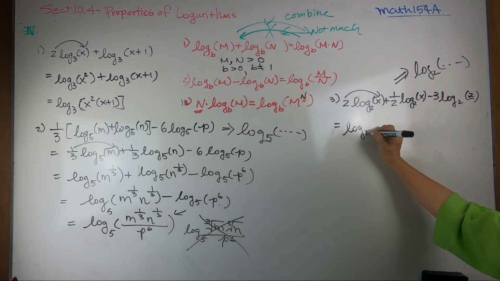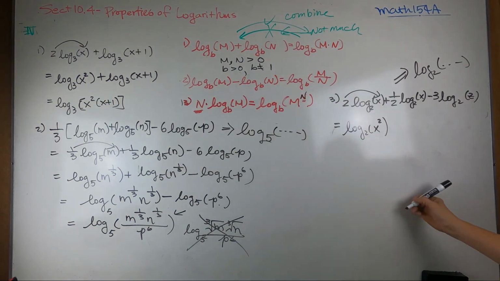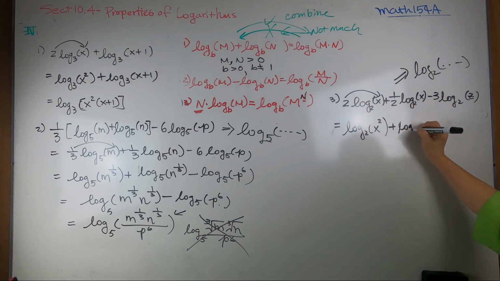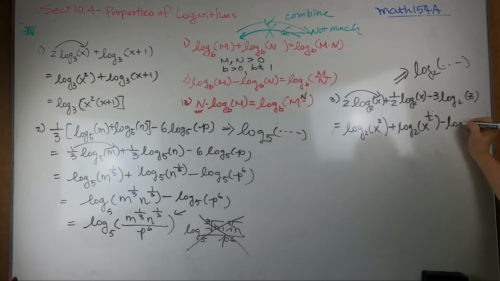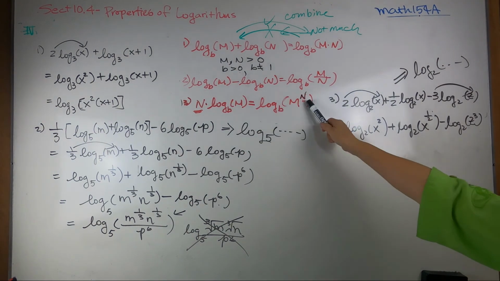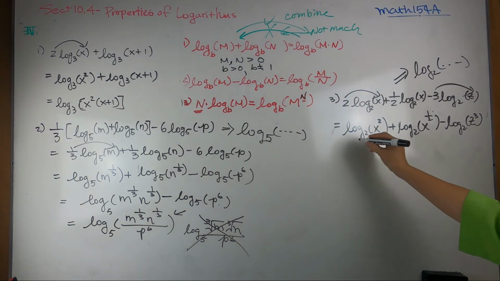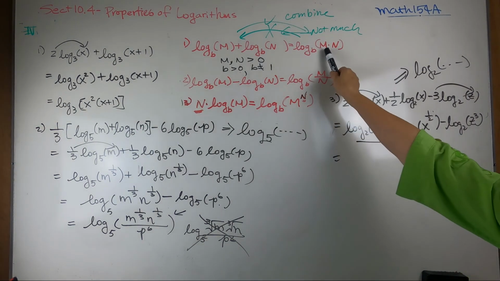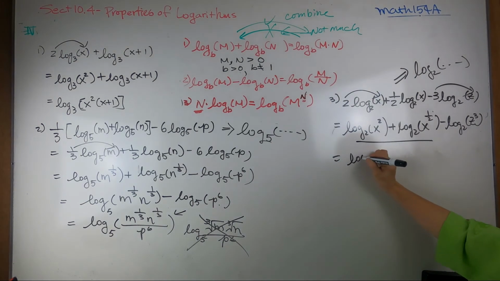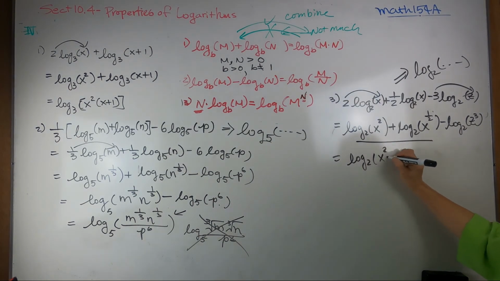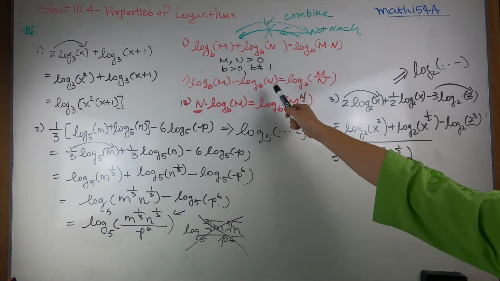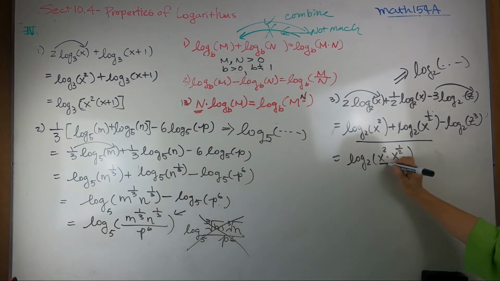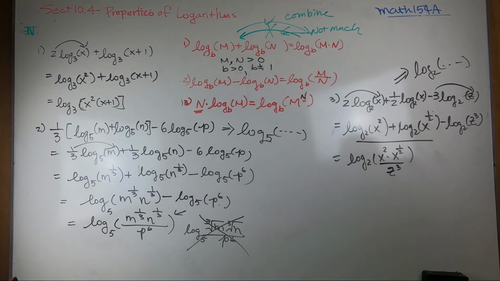So we should have log base 2 of x squared, plus log base 2 of x to the half, minus log base 2 of z cubed, right? Move inside, becomes a power. Then when we add, you multiply inside, so that will be x squared times x to the half, right? Then minus means what? Divide. So you divide by z cubed, okay?